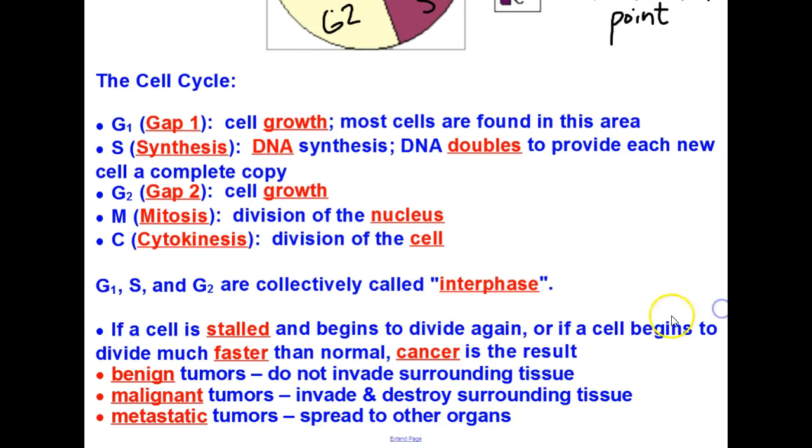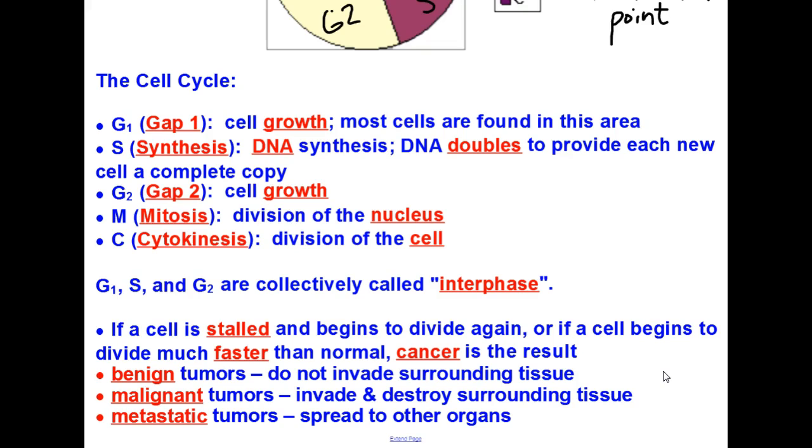If a cell is stalled and begins to divide again, or if a cell begins to divide much faster than normal, cancer is the result. Some kinds of cancer begin when stalled cells re-enter the cell cycle, and the cell speeds up and becomes inaccurate, leading to masses of cells with the wrong chromosome number, and which are abnormal in other respects.